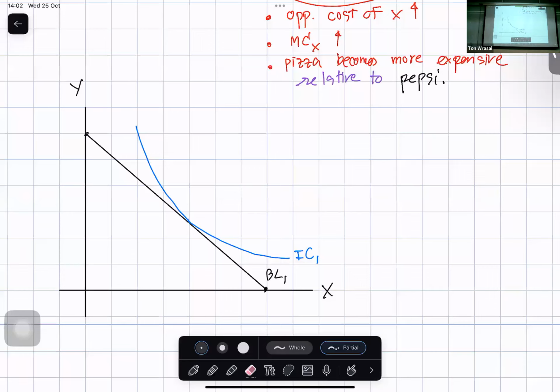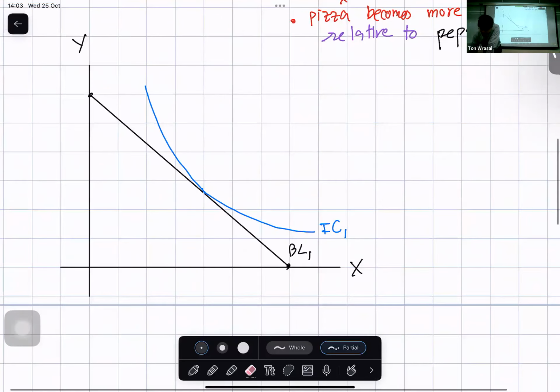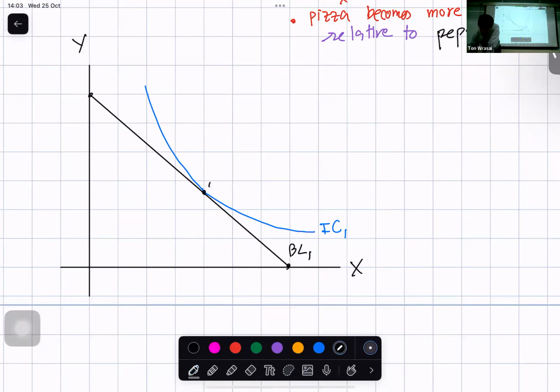Okay. Let's call it basket A then. It contains X1 slices of pizza, and Y1 units of Pepsi. Nothing happens yet.